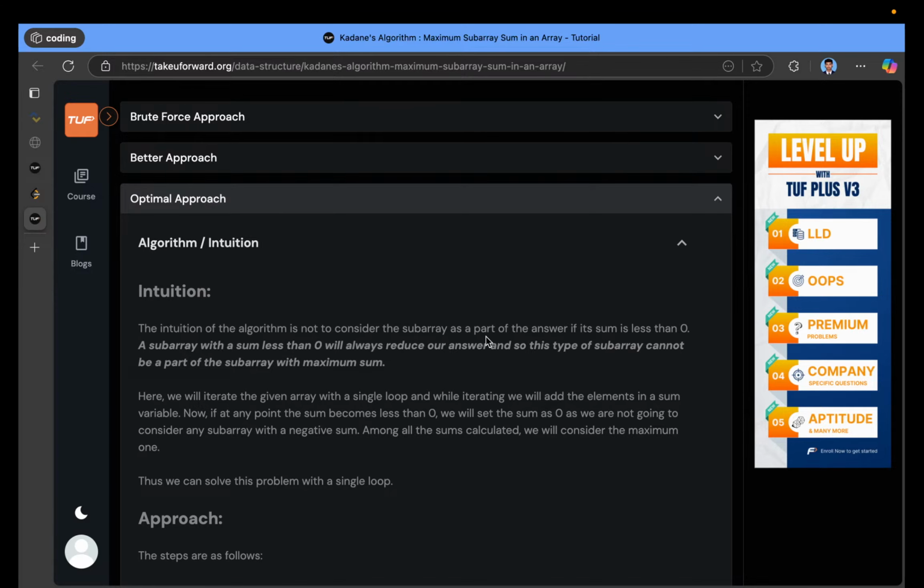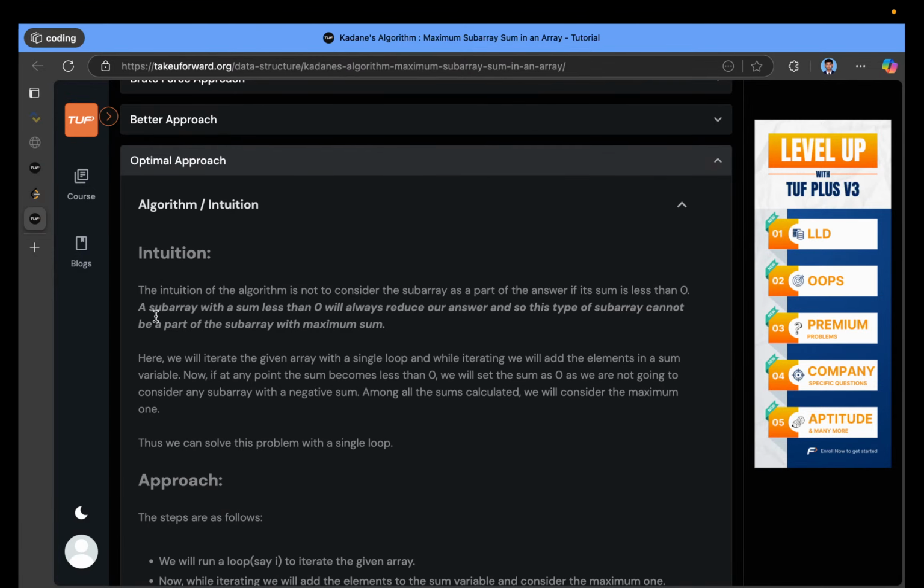Do not consider a subarray as part of the answer if its sum is less than 0. A subarray with a sum less than 0 will always reduce our answer, so this type of subarray cannot be part of the subarray with maximum sum. Okay, yeah, this thing I have done.